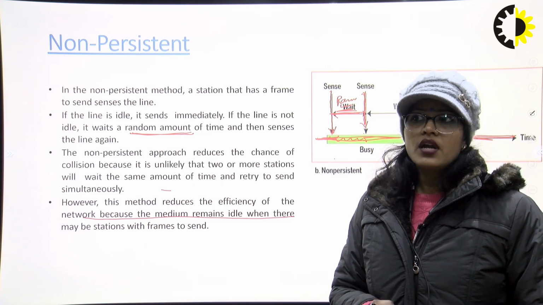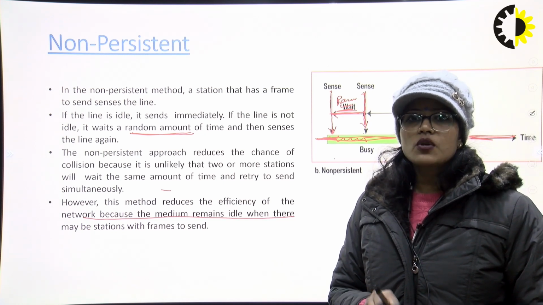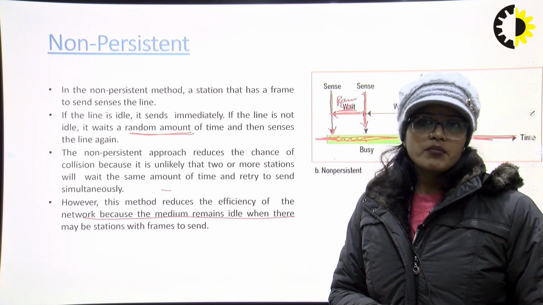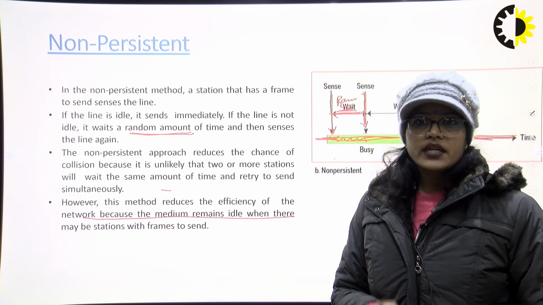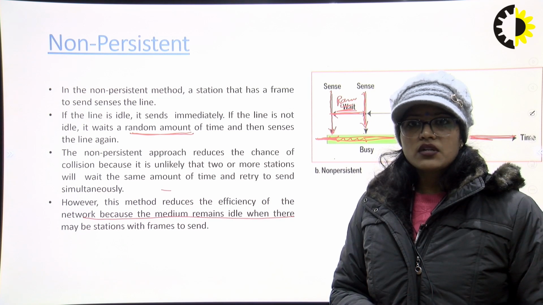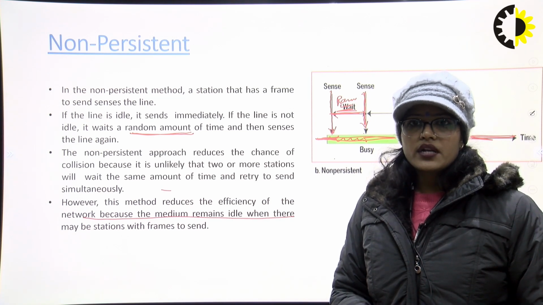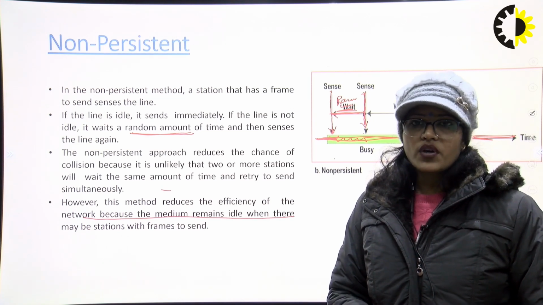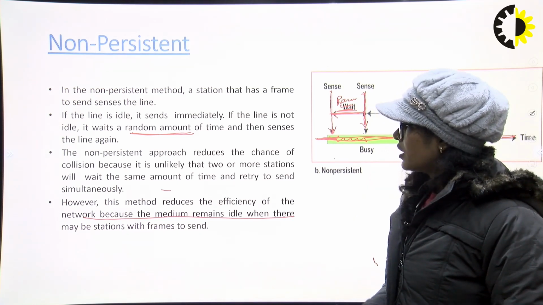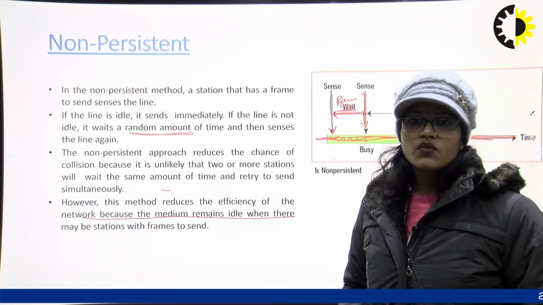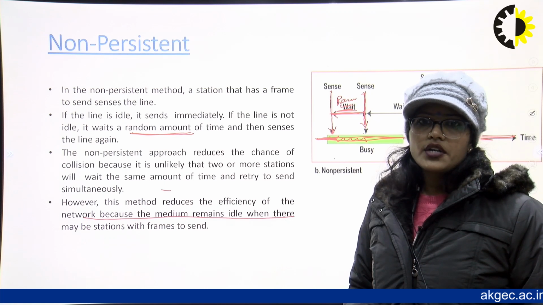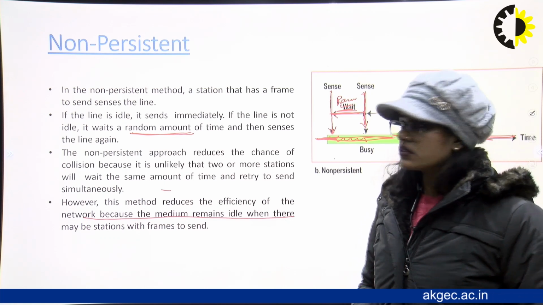This situation affects your medium efficiency, because the transmission medium is idle and there is no data to travel on the network, which means the network benefits are underutilized.